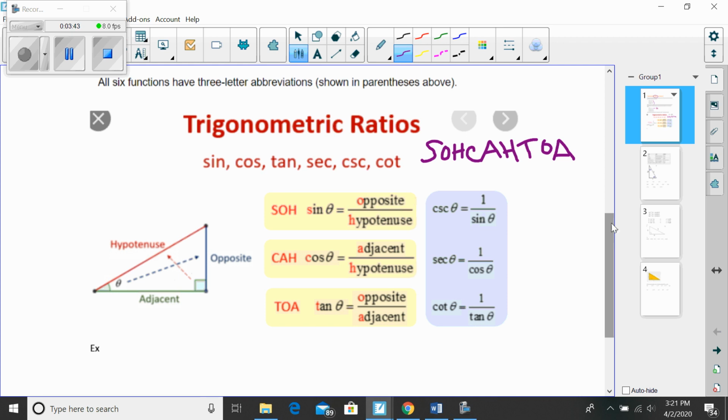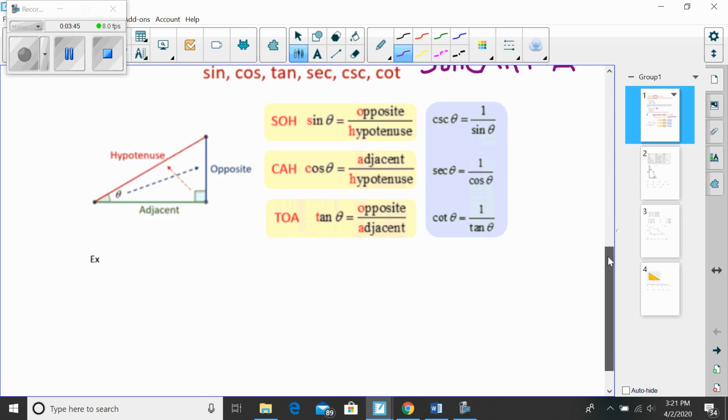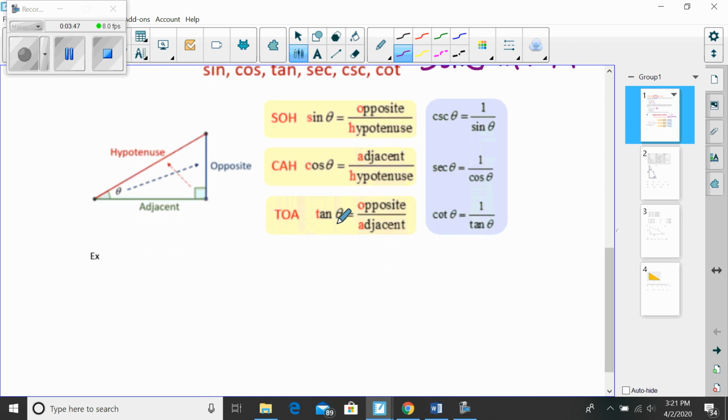So when you're writing your trig functions, it's very important to always include the angle. You never want to just write SIN. Unless you're in church, SIN has no meaning mathematically. The trig functions have to operate on an angle.